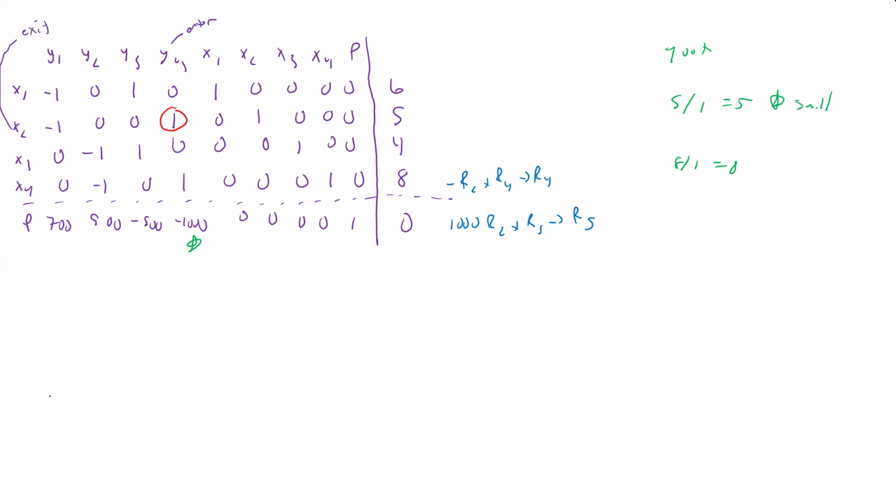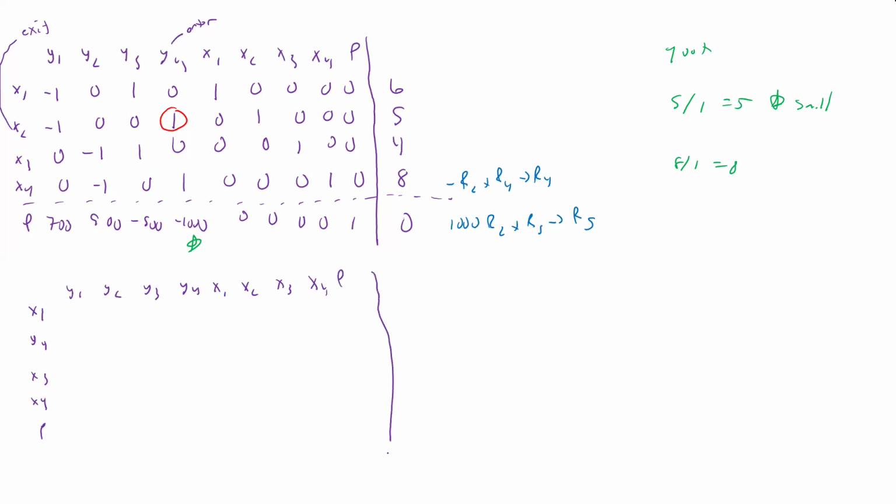That means we're going to have on the side x1 and then y4, then x3, x4, p. And across the top we have y1, y2, y3, y4, x1, x2, x3, x4, and then p.